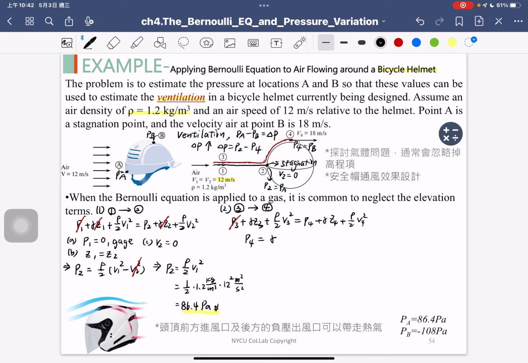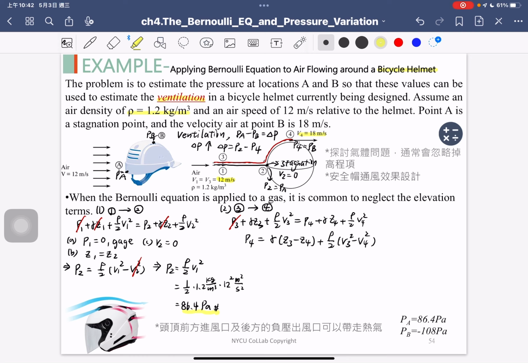So we have γ(Z3 − Z4), and the second item is (1/2)ρ(V3² − V4²). You can double check that we have the V3 velocity and the V4 velocity. The only parameter we don't know is the elevation change from Z3 to Z4.